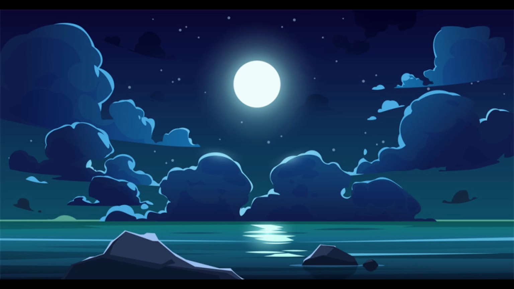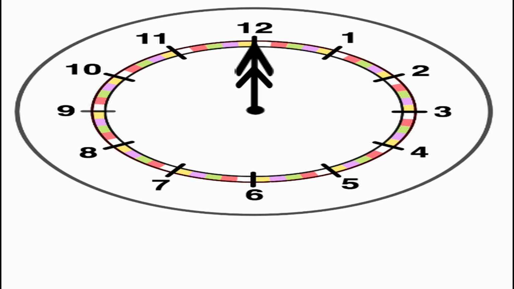Most places, it is very dark. On our modern day clocks, the clock will say 12 o'clock a.m. On our older clocks, which are called analog clocks, the clock will be 12 o'clock a.m., which has two arrows.